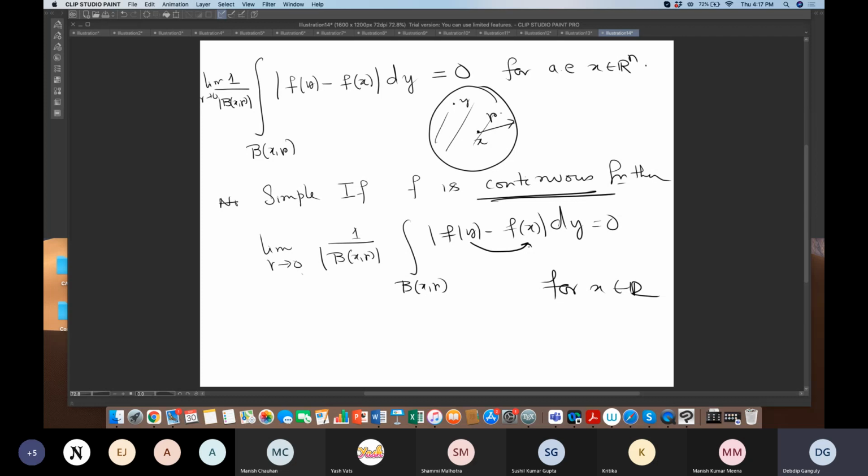The remaining integral over B(x,r) gives the measure of B(x,r), and this cancels with the measure in the denominator. So this is less than epsilon. Epsilon is arbitrary, which proves that this goes to 0. Is that clear?